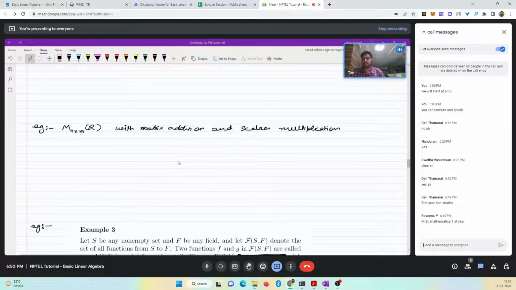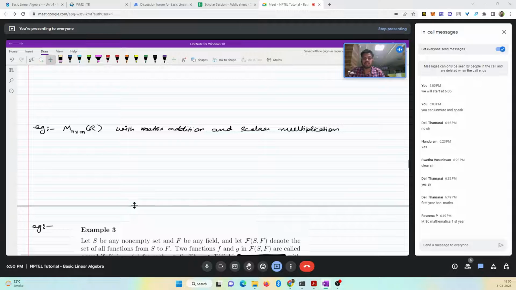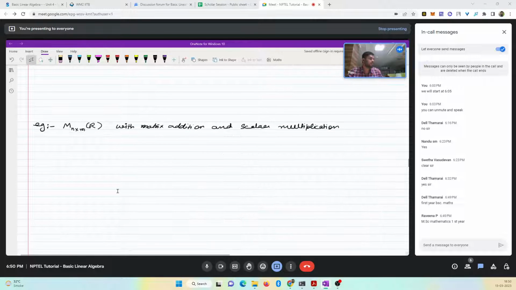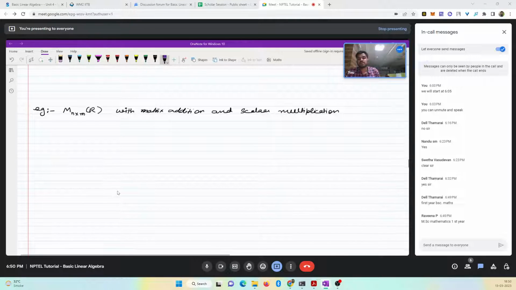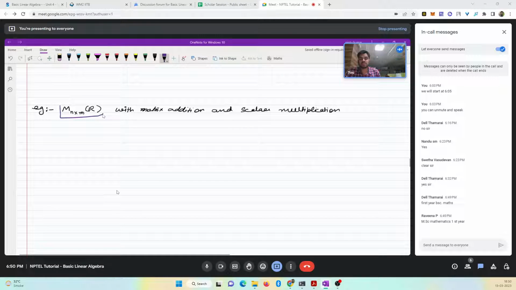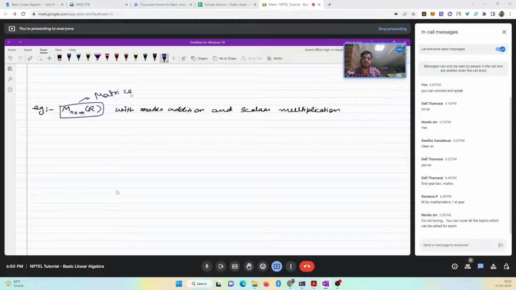I'll take this example quickly. This is related to another set of vector space. This kind of notation is used to represent matrices. So M m cross n means this is the set of all m cross n matrices.